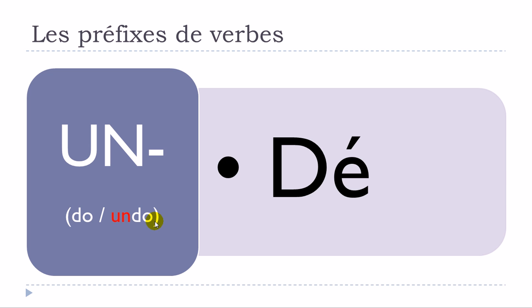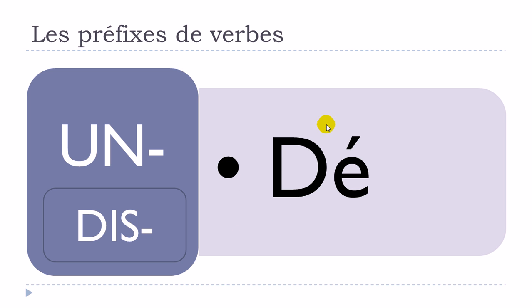The answer is yes. We've got this prefix D. The use will be the same as in English, this un, for some verbs. It will be exactly the same thing. We've got this D.